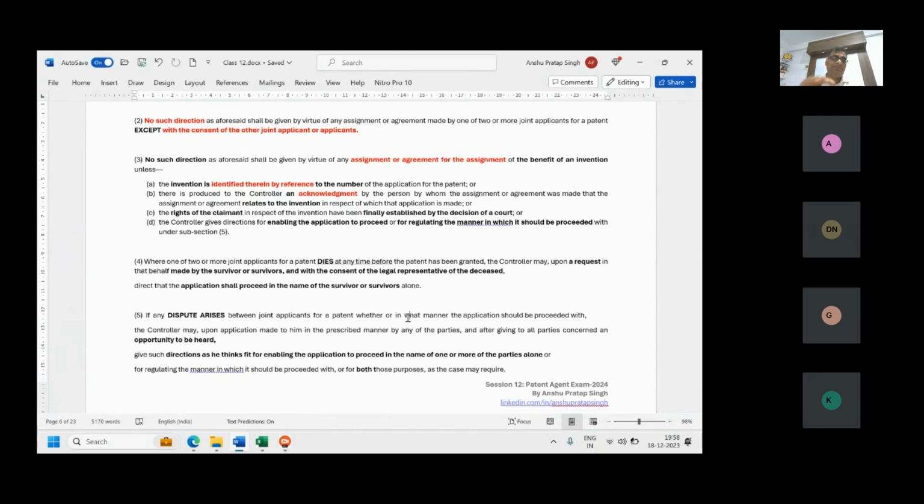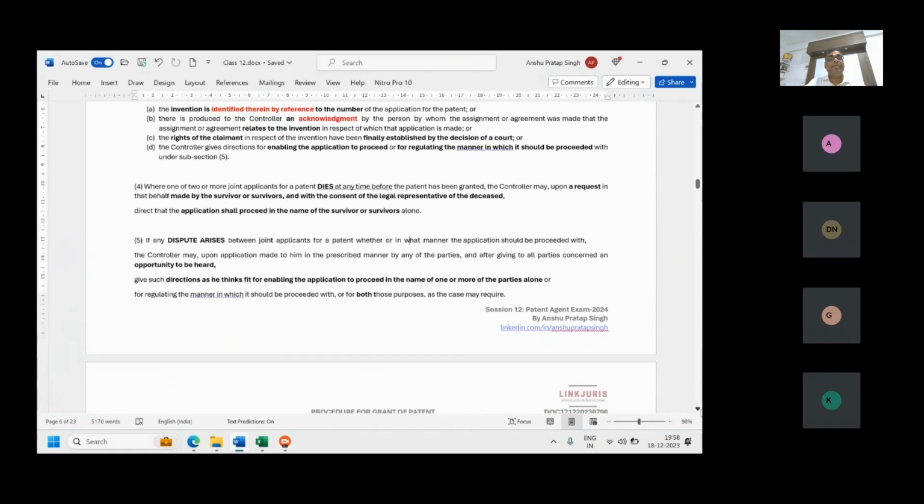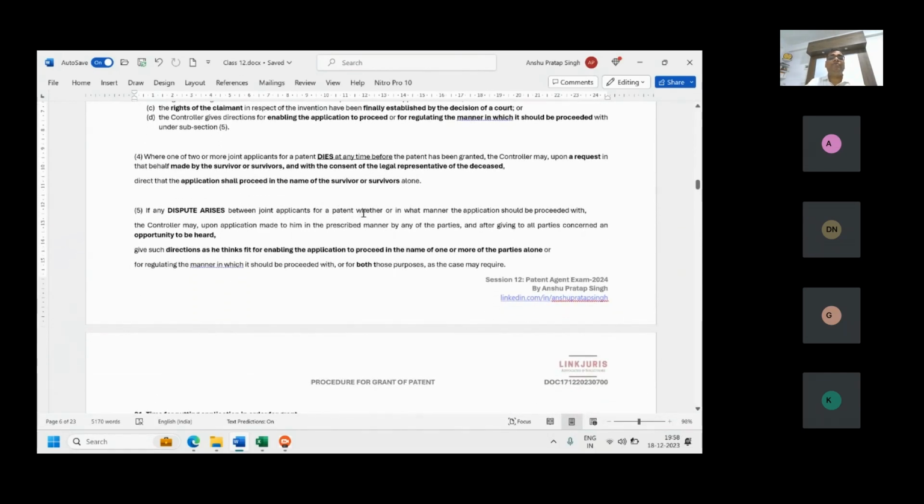become the legal heir. Now comes, if a dispute arises between the joint applicants for a patent, suppose there is a dispute whether they are legal heirs or not, whatever it is, then all the parties concerned will have the opportunity to be heard, and after hearing everything, the controller will give the direction how that application will be proceeded.